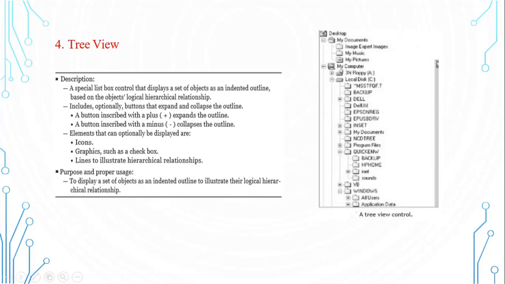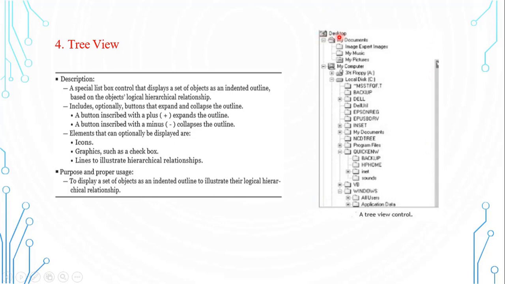Next we have the tree view. Description: a list box control that displays a set of objects as an indented outline. Here you can see a tree view control, and it's actually a screenshot of a Windows application.